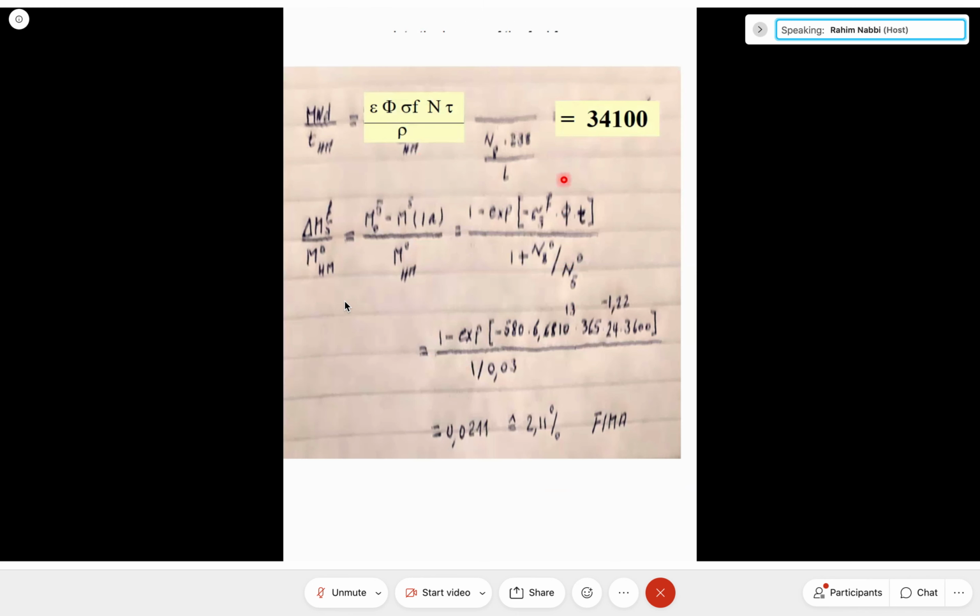For this reason, you see here again the same 1 minus exponential function, but here in the exponential you find sigma 5, that means uranium-235, but only fission.